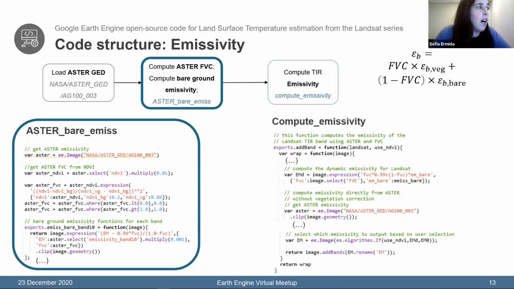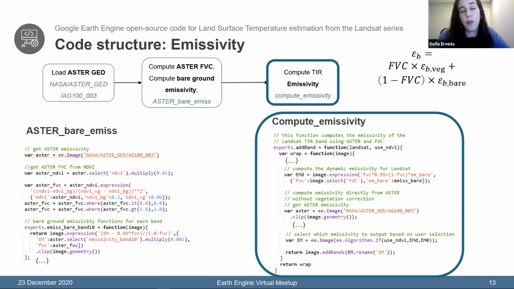Now, afterwards, this bare ground emissivity will be used in another module, combined with the fraction of vegetation that we computed from the Landsat. So it's the actual fraction of vegetation at that time. And we just apply the same equation, also using emissivity for vegetation of 0.99.